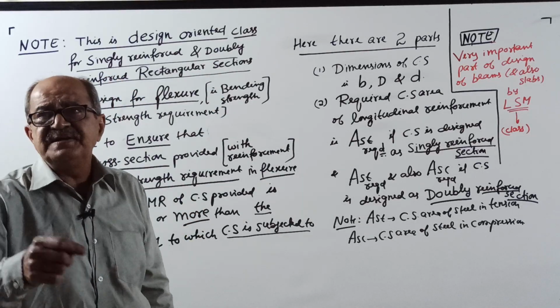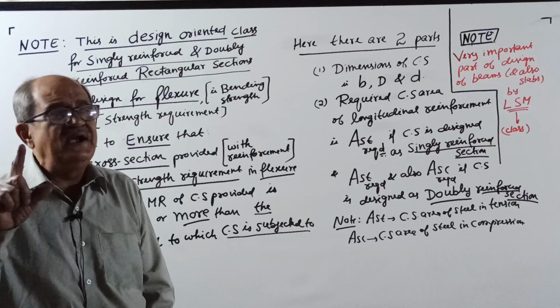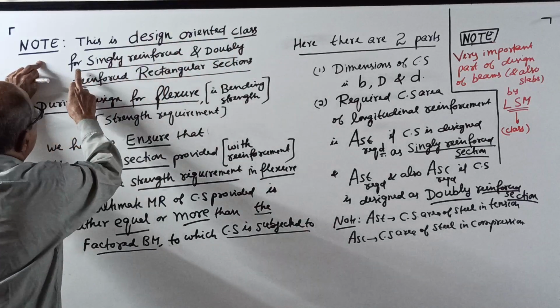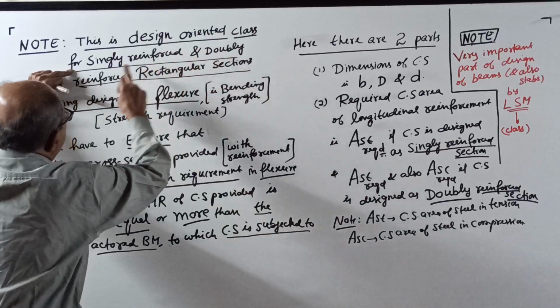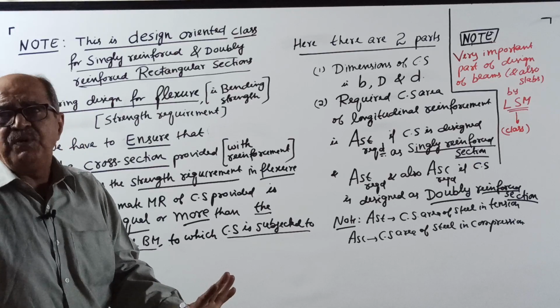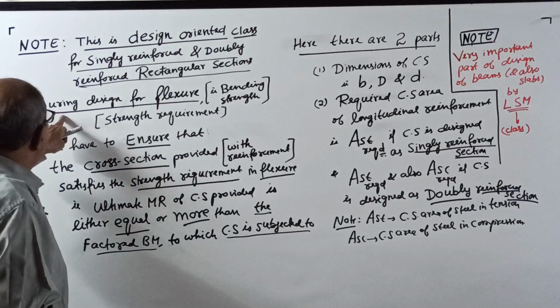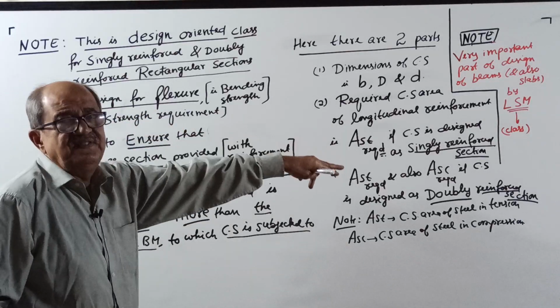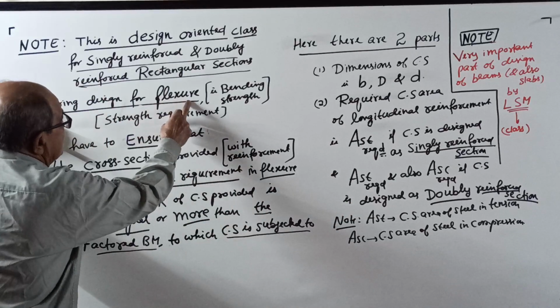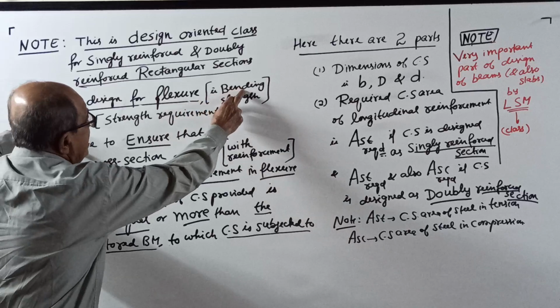Okay, now we are changing. Now you can see the title or thumbnail, or you can see a different one. Note, this is a design oriented class for singly reinforced and doubly reinforced rectangular sections. I am limiting only to this now. Before I start all the concepts, first, during design for flexure, remember flexure means bending.